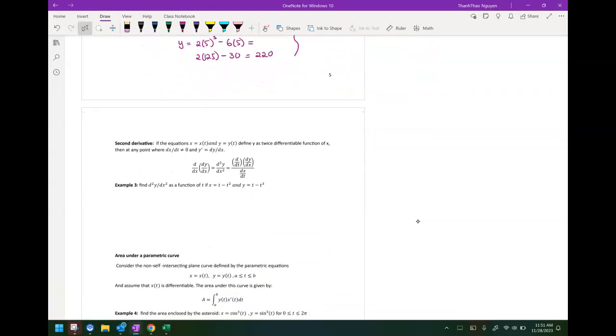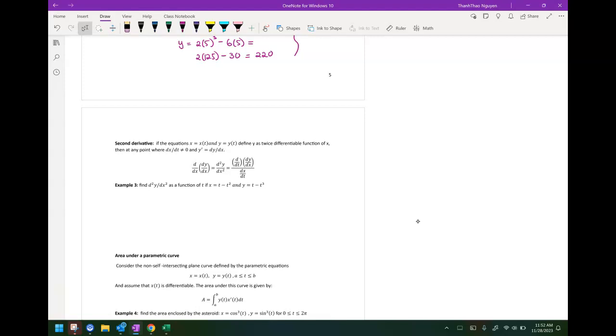Now, we talked about the first derivative. We can still take the second derivative. So how do we find the second derivative of a parametric equation? We first take the first derivative, then the second derivative is given by the formula d/dt of dy/dx over dx/dt.